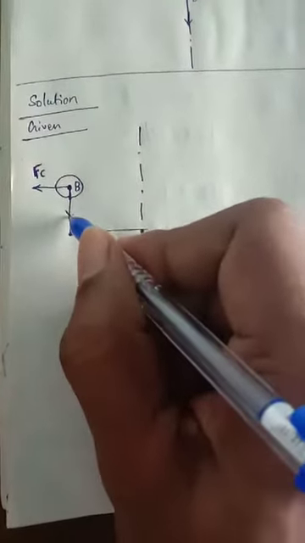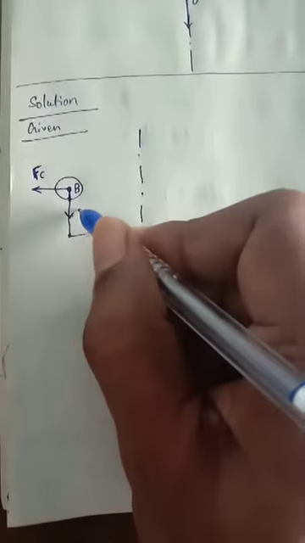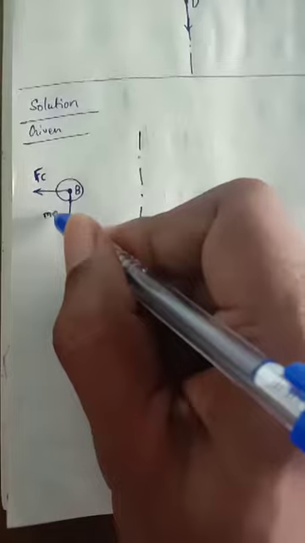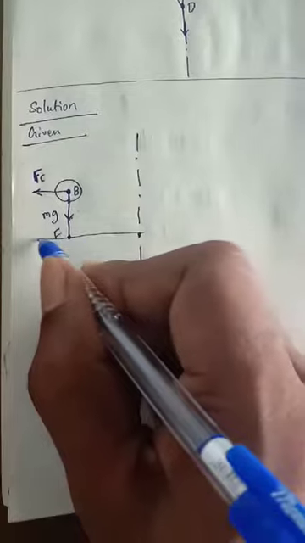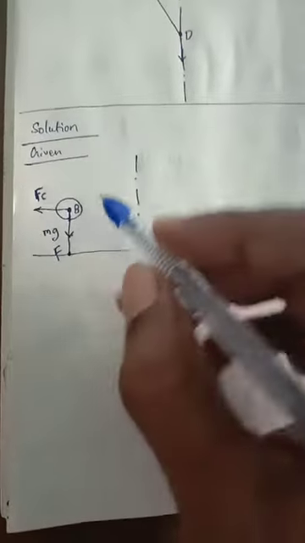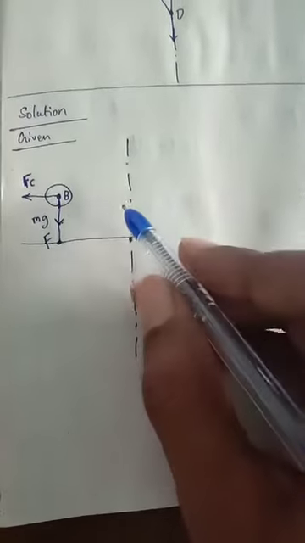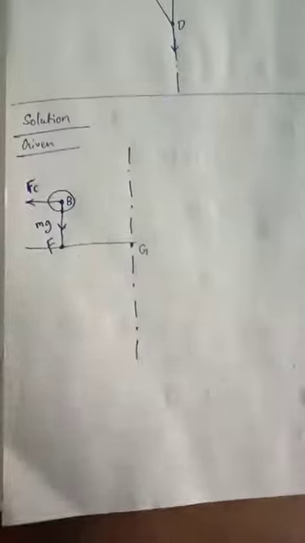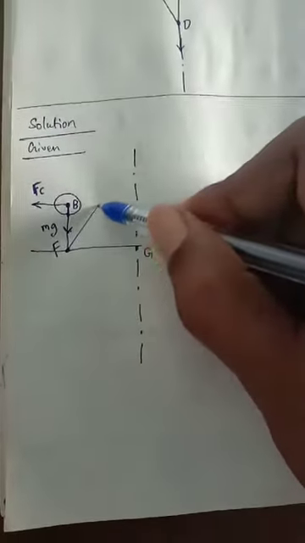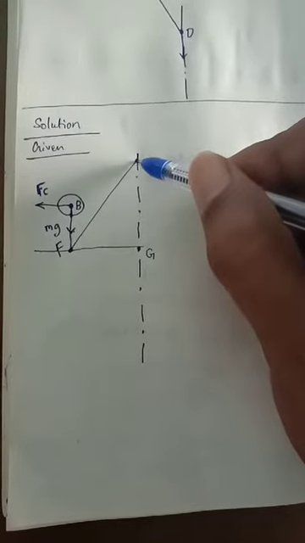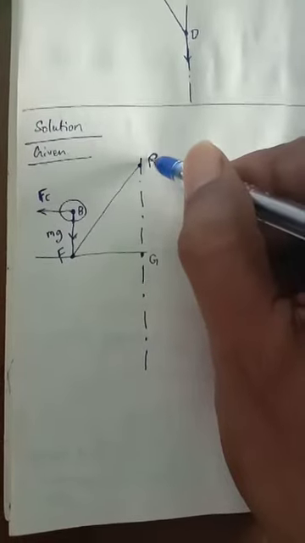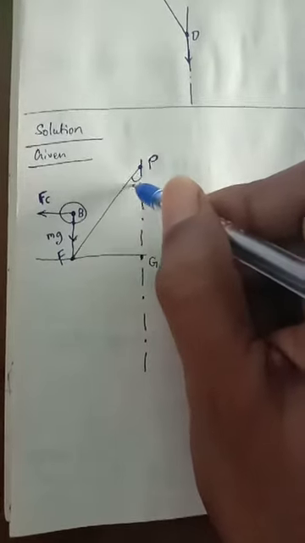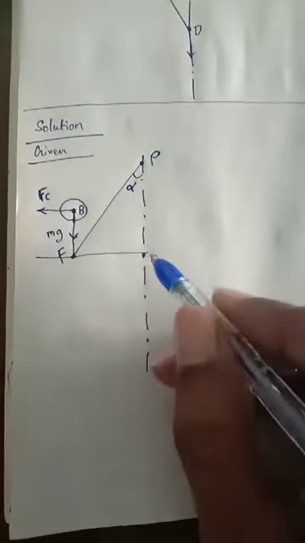Then here is M into g, W, and this is called point F, the center point, and here is G. From the center point we take one link, called P, and this angle is alpha.